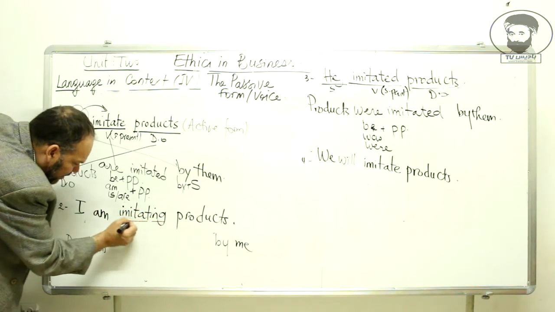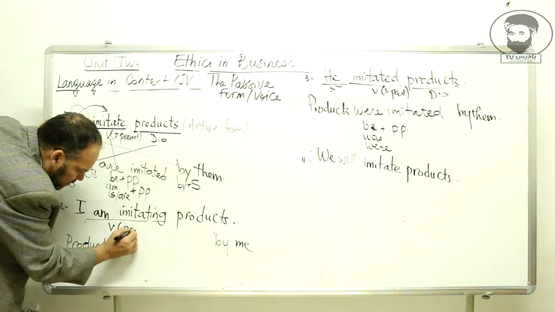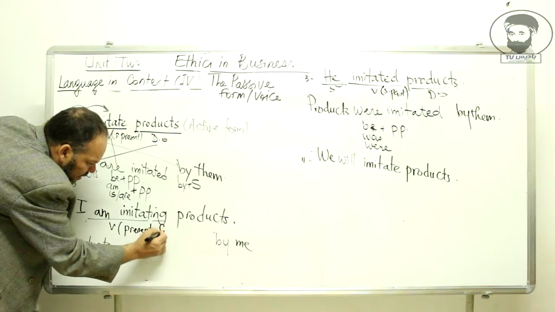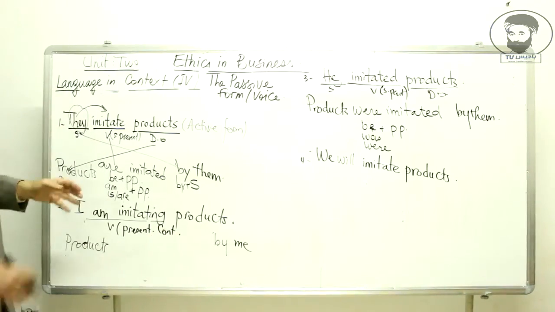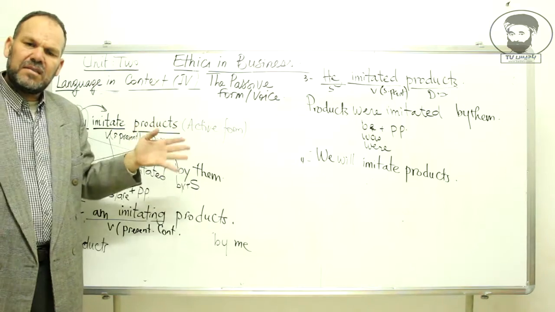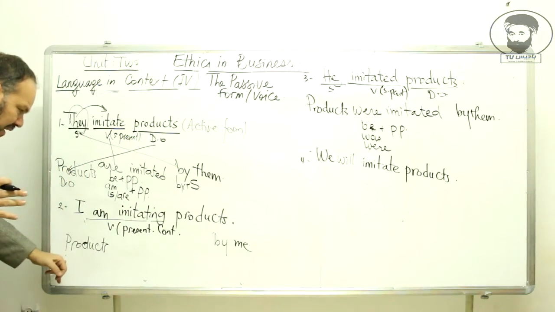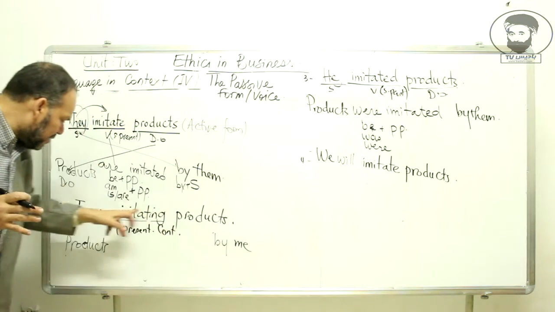I am imitating. This verb in English is in the present continuous. It means it's a long action. So the long action gives us a present or a past or future continuous. Now, products by me. Now let's look at the verb.